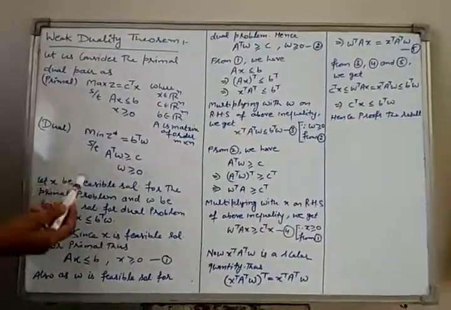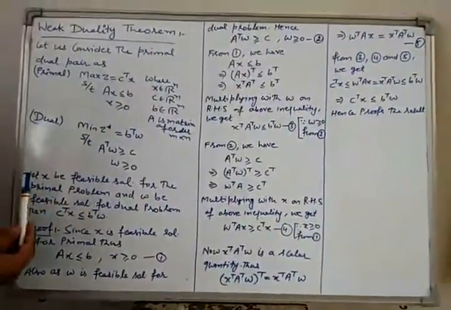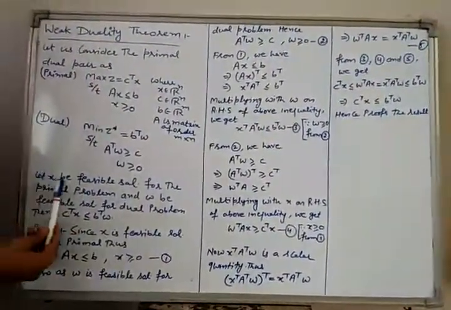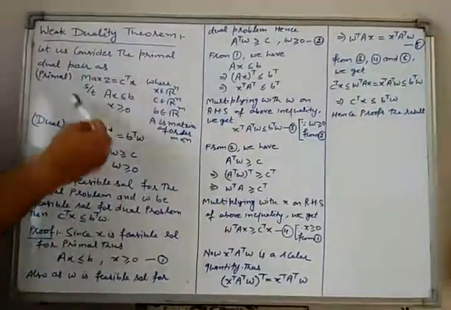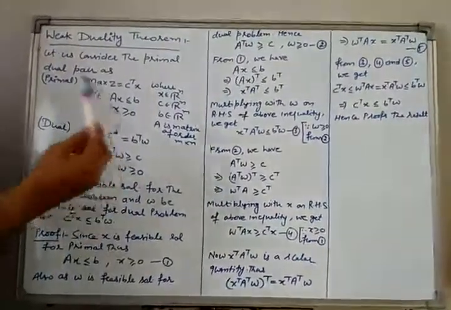Now I am going to state the weak duality theorem. The statement of the weak duality theorem is: let X be a feasible solution for the primal problem and W be a feasible solution for the dual problem.